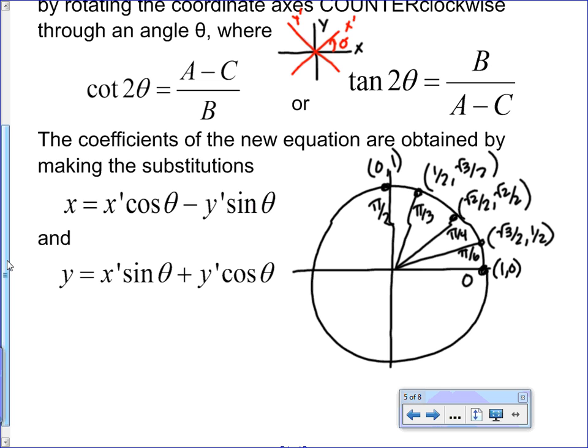So, what is the tangent of a 0-degree angle? Or tangent of 0 radians? 0, right? Remember, tangent is y over x. So the tangent of 0 is 0. What's the tangent of pi over 6?